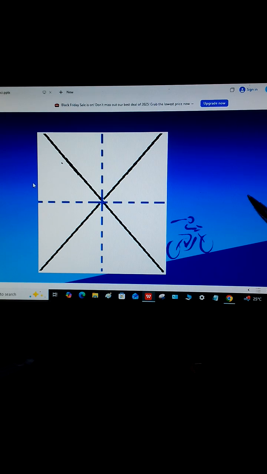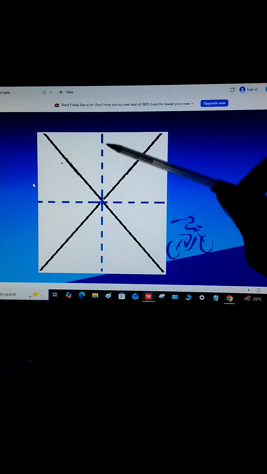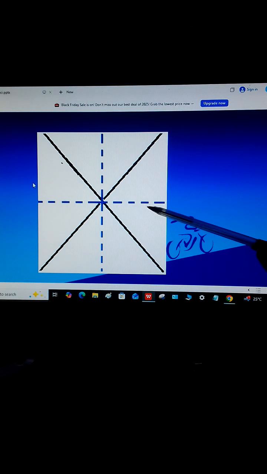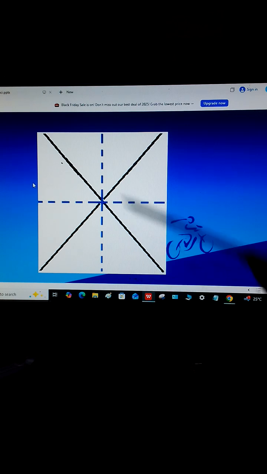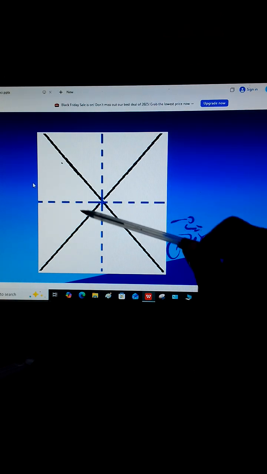So the locus of points which are equal distances from the two lines are two perpendicular bisectors of the angles of these lines. These are the perpendicular bisectors of the angles of these intersecting lines.